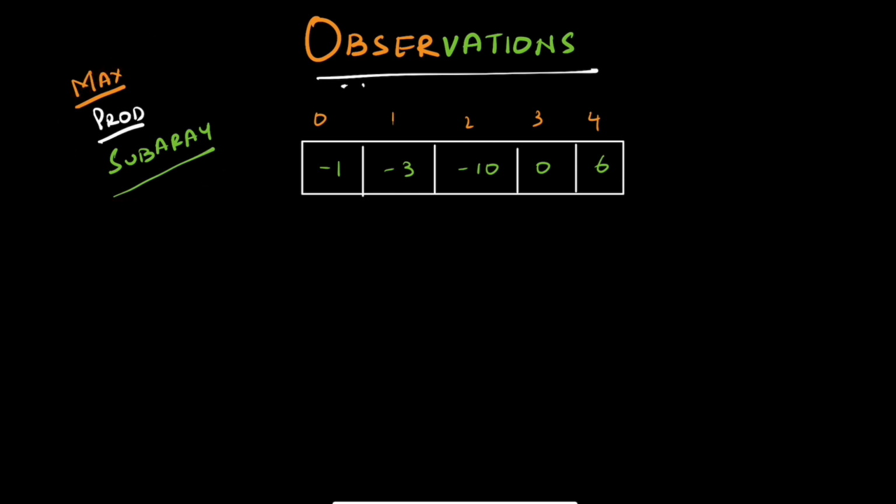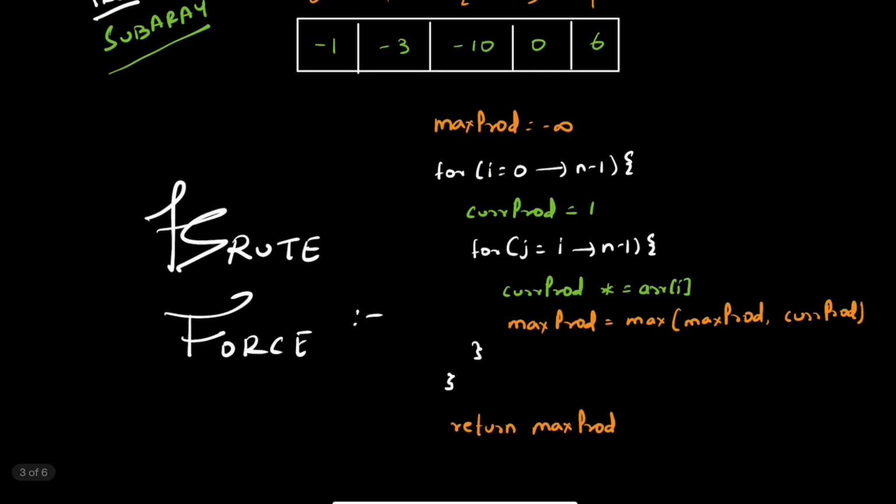So let's see the pseudocode first. So this is the brute force approach for generating all the subarrays and finding the maximum subarray product, right? Firstly, I have taken max prod to be negative infinity so that we can maximize it as much as possible, right? And here we are running 2 for loops. One for loop is to fixate the point that we were fixating here. And inside we have initialized the current prod to 1.